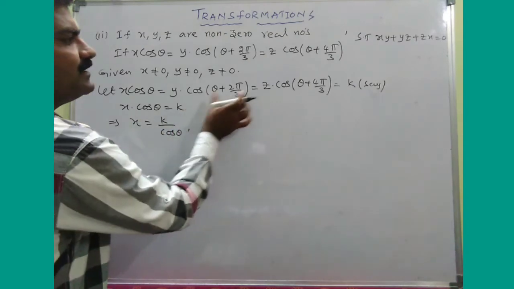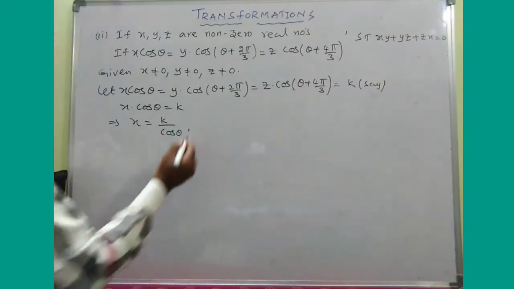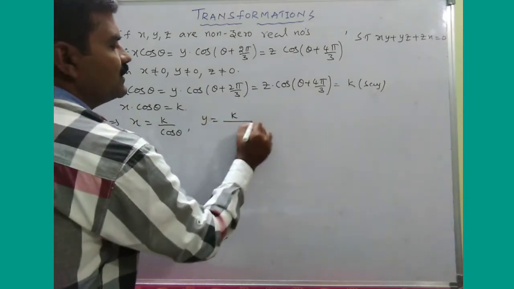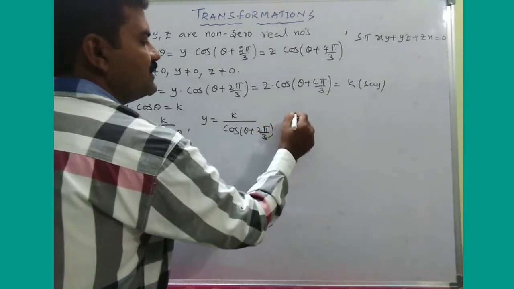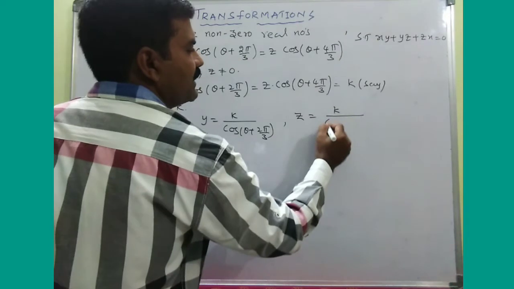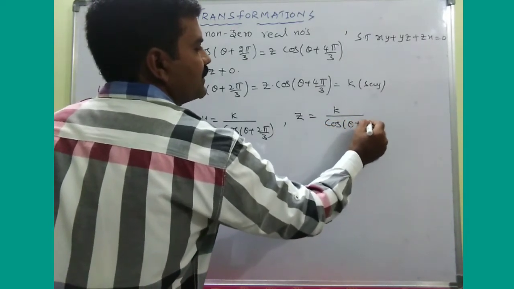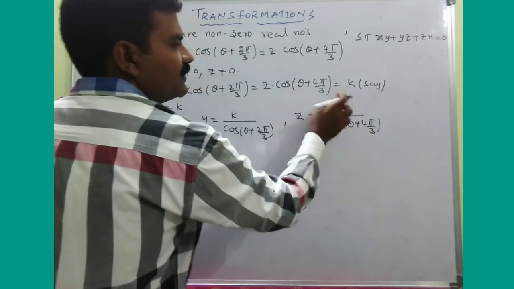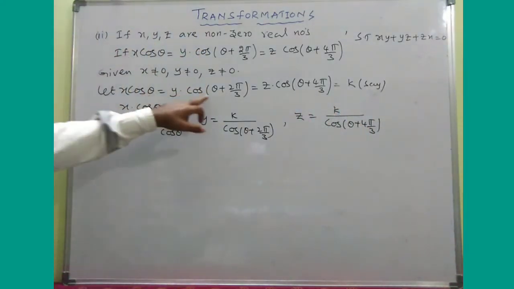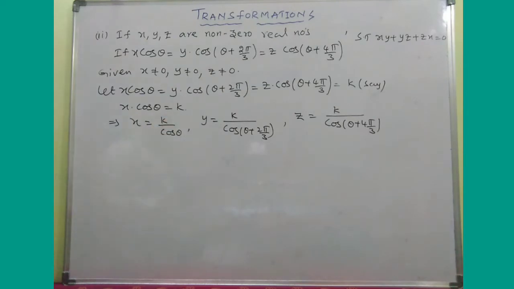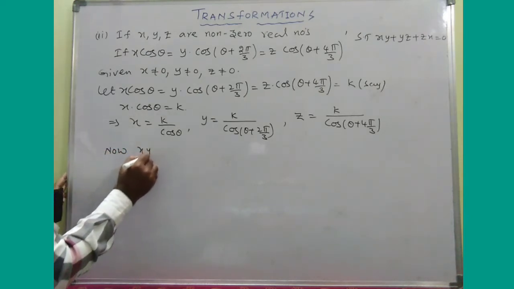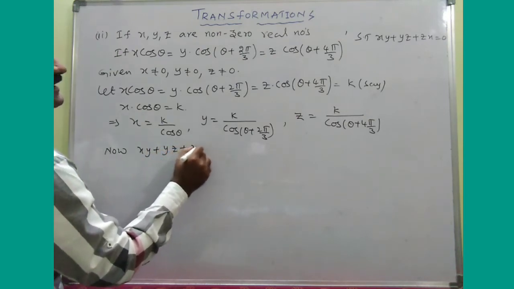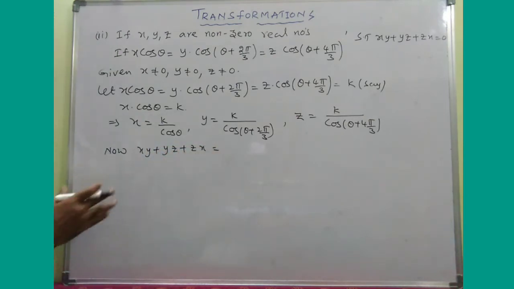Okay. And similarly if I equate this to k, y is equal to k by cos of theta plus 2 pi by 3. And similarly z is equal to k by cos of theta plus 4 pi by 3. Do you understand? Everything individually we are equating to k and writing x, y, z values. Okay. Now actually I want xy plus yz plus zx. Isn't it, ma? This is what I need.